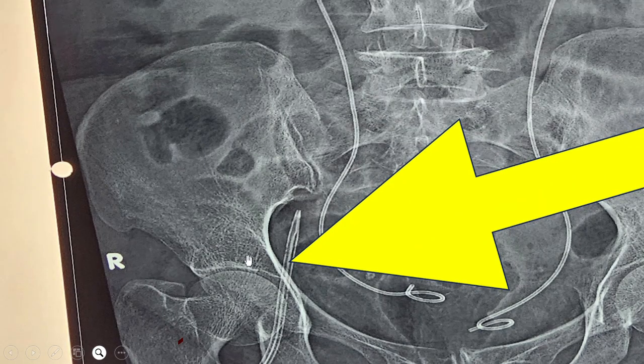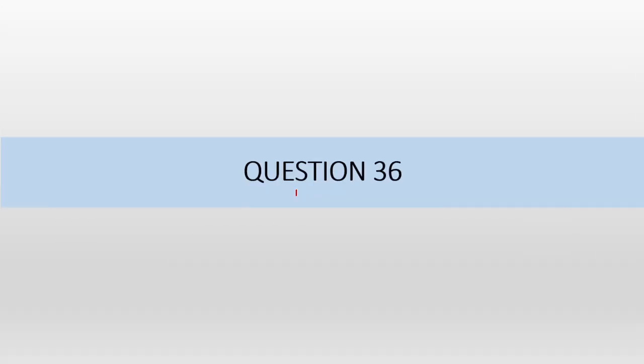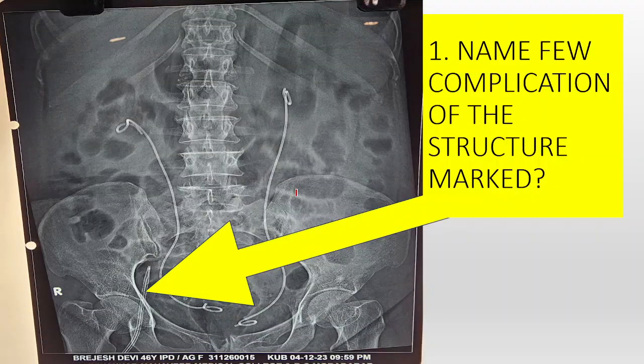So what is this finding? The structure marker is the femoral dialysis catheter.